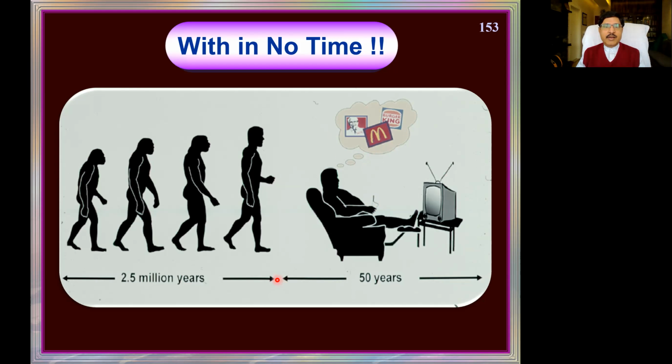What happened? An evolution of 2.5 million years has just crashed to dust in 50 years. Within no time, a beautiful, healthy man, mind-wise also very healthy, not thinking unnecessary things. Here he has got all sorts of vested interests, and kama, krodha, lobha, moha, mada, matsarya, everything is in his brain, pulled in all directions with all the five senses.